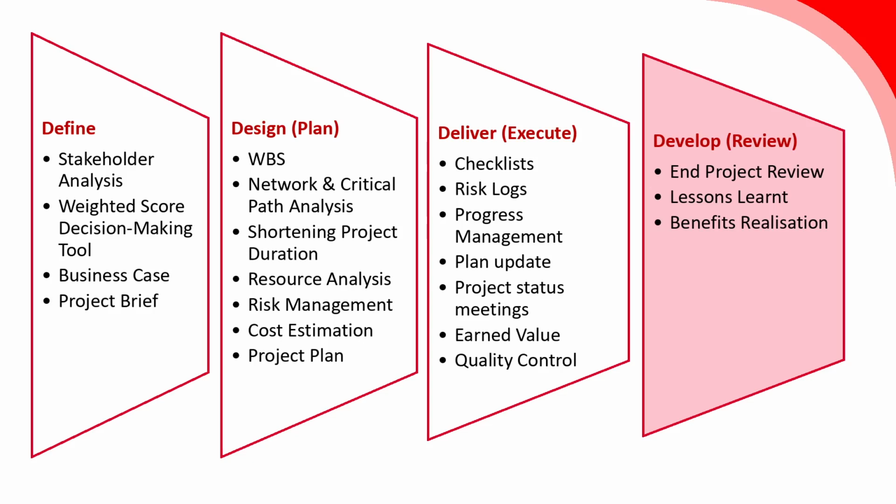And lastly, we also have a benefits realization report. Now, the benefits that we're seeking may not be immediately visible once we finish the work involved in the deliver phase, the third phase. So if we take the university library as an example, we may have one of the objectives to build the library itself, but that doesn't mean that the benefits from the library are going to be immediately visible.